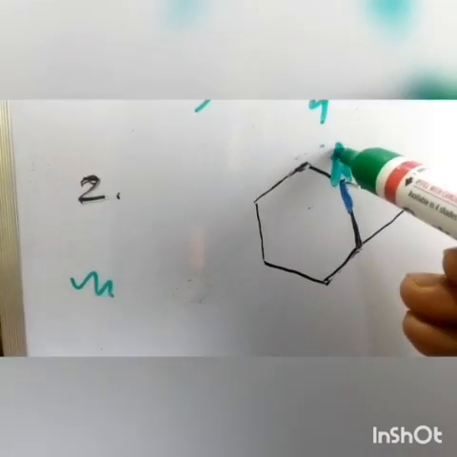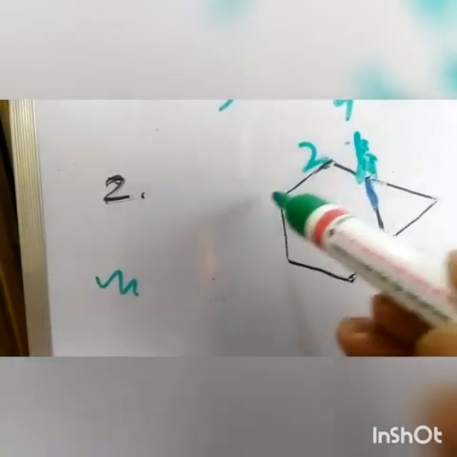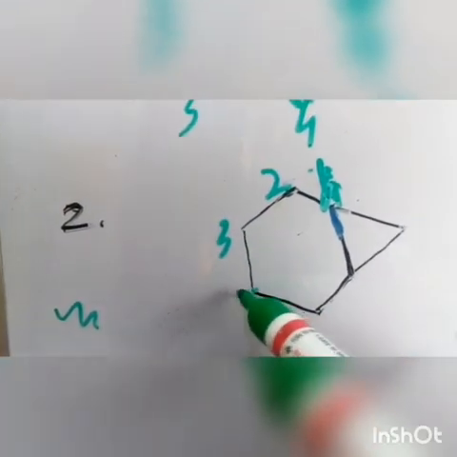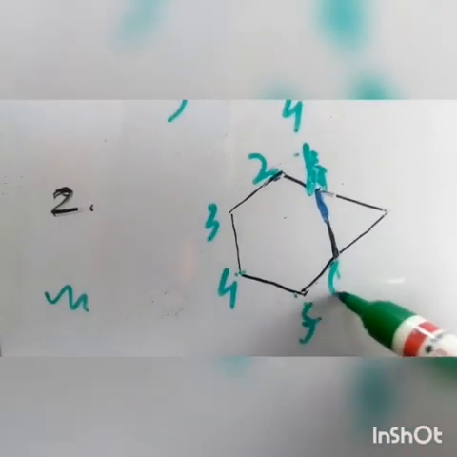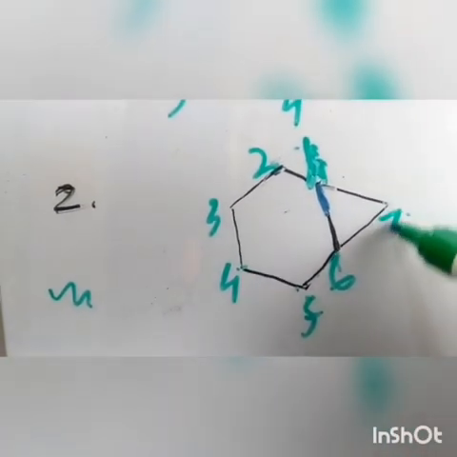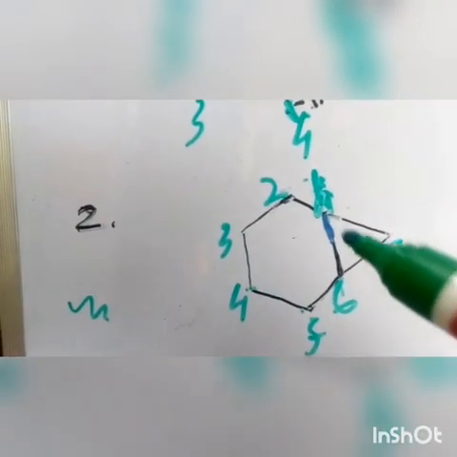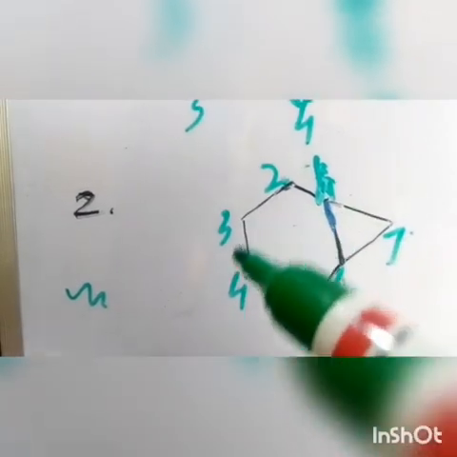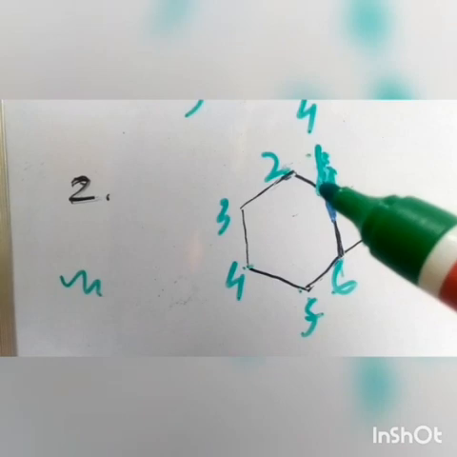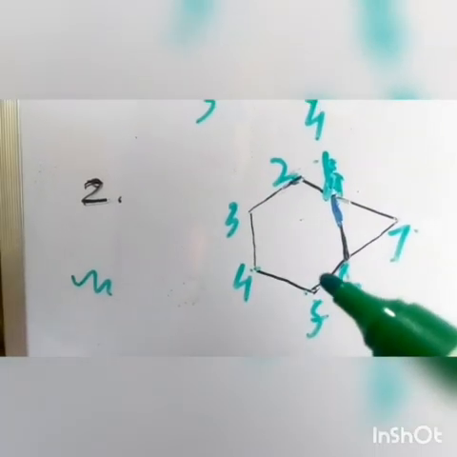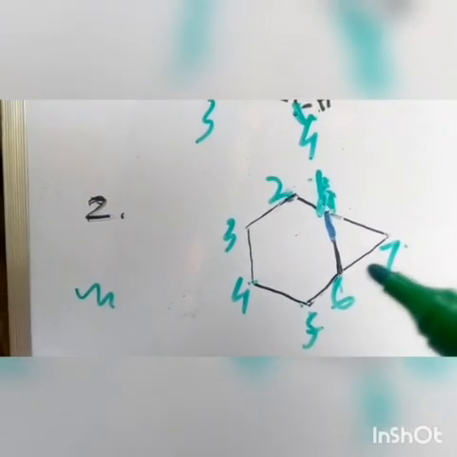So we should start numbering 1, 2, 3, 4, 5, 6, 7, and this ring contains more carbon atoms, so we should proceed through this chain, 1, 2, 3, 4, 5, 6, 7.